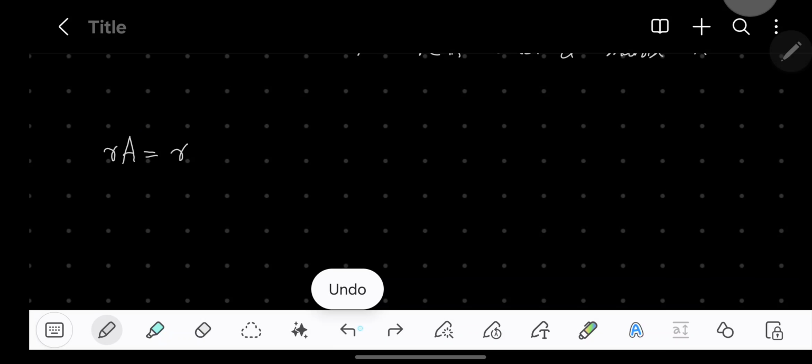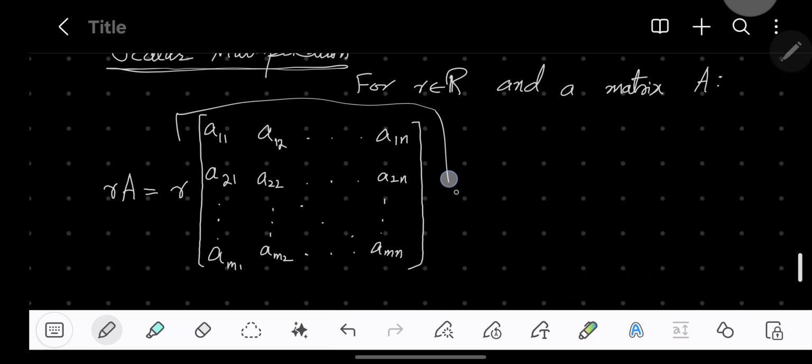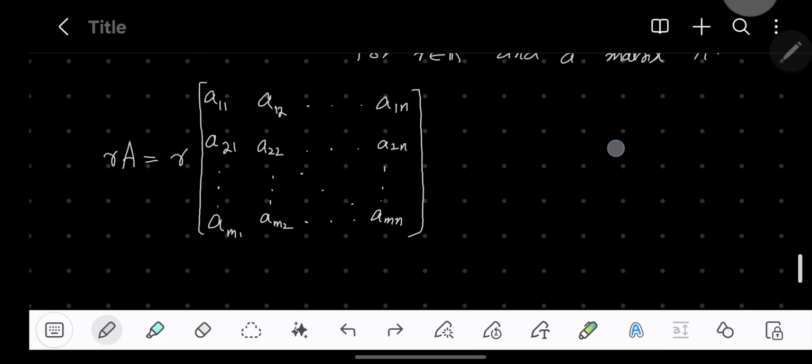If you write out this matrix in this way, this is the arbitrary matrix which we assumed in the very first video. If you multiply this scalar with this matrix, then R will be multiplied with each of the entries. Okay?